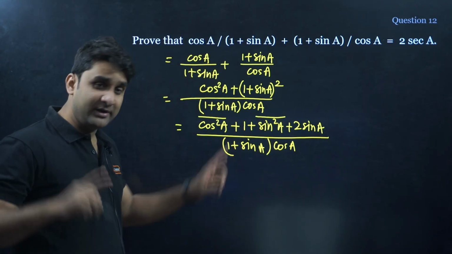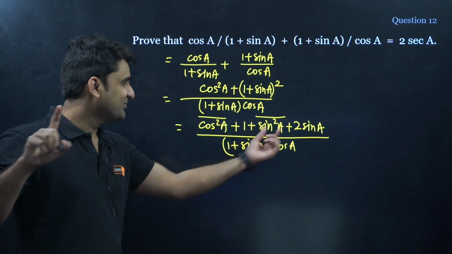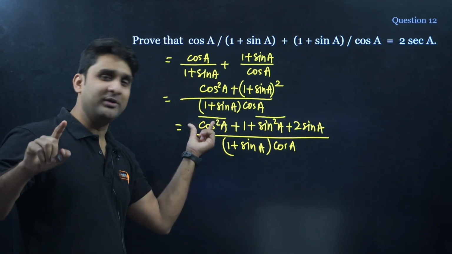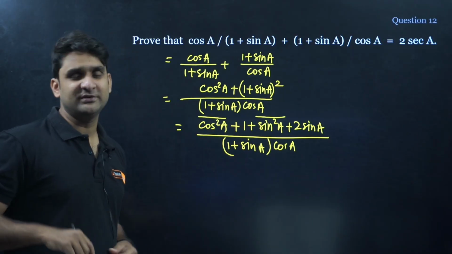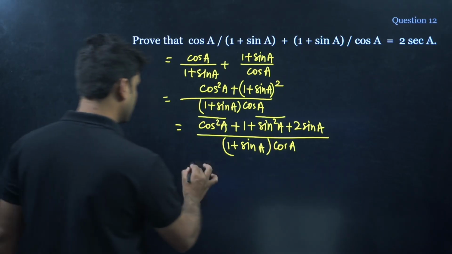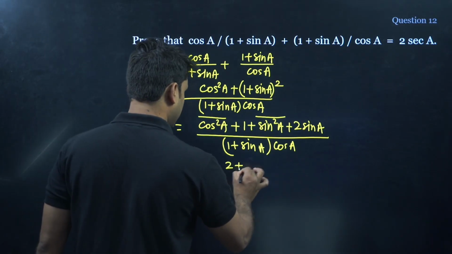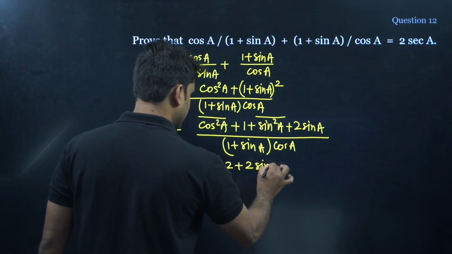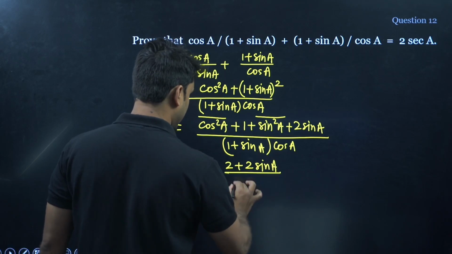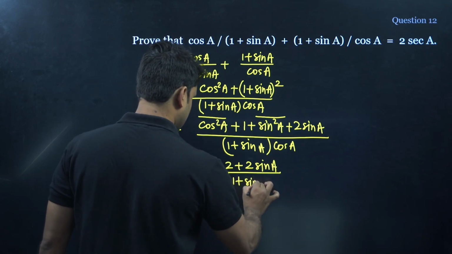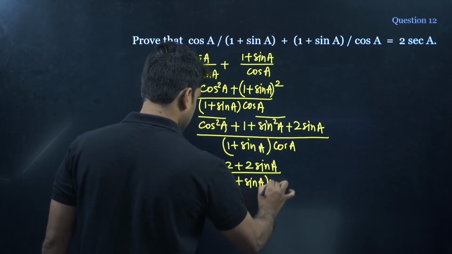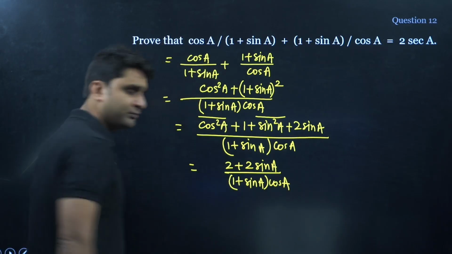And we have already one more 1. So 1 of this combination and 1 of this combination, 1 plus 1 will be 2. So we can write here 2 plus 2 sin A divided by (1 plus sin A) into cos A. Clear?